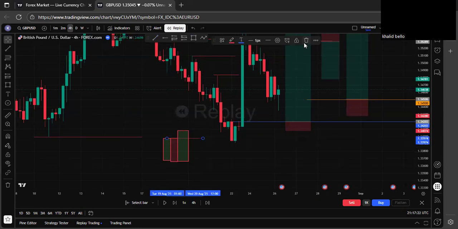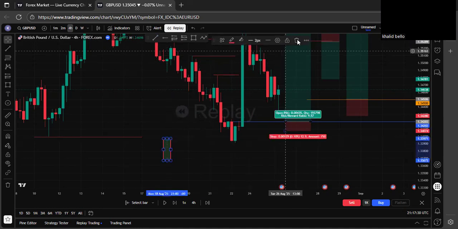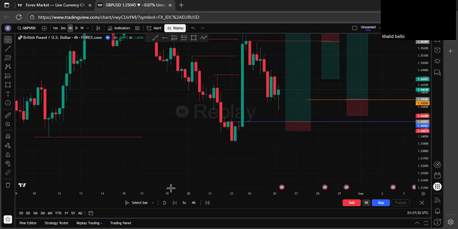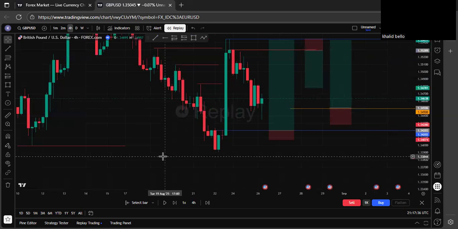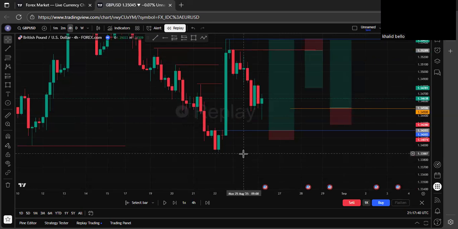But are you just entering blindly on that key level? No, you are not. You have to go to 1 minute and look for a specific price point where the market will trigger from. You are not just trading blindly, because you don't want the market to waste your time playing around your stop loss.